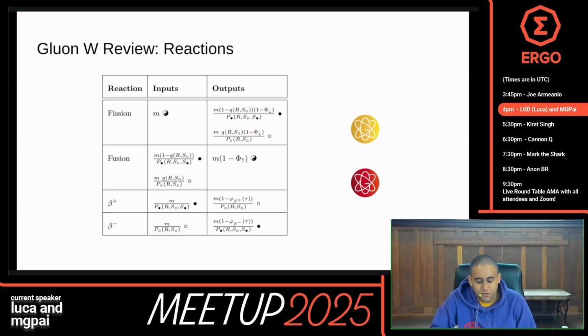Then there's fusion, which does the opposite. You put in the neutrons and protons, and you'll get your Erg back minus a fee. And then there's beta decay reactions. Beta plus can convert your stablecoin to a reserve coin, and beta decay minus can convert the reserve coin to a stablecoin. And you pay a fee for these actions.